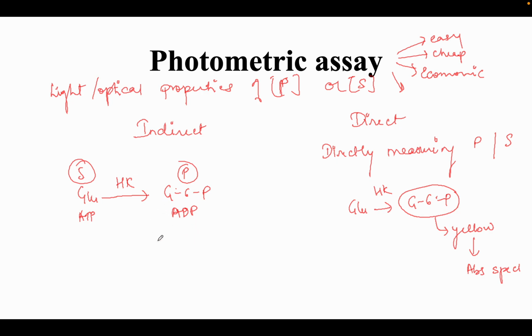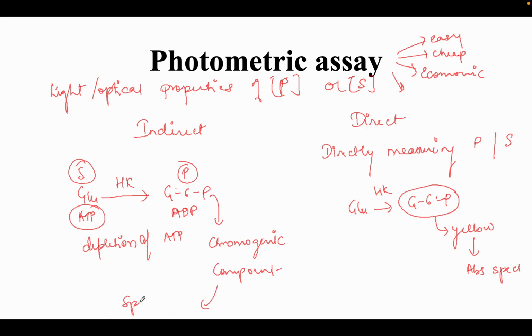We can measure the depletion of ATP, or we can convert this glucose 6 phosphate into some other chromogenic compound, and that compound we can measure by a spectrophotometric assay.